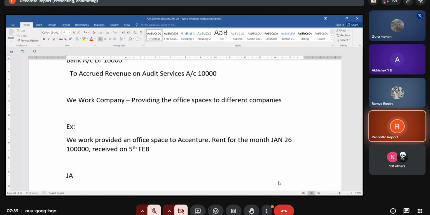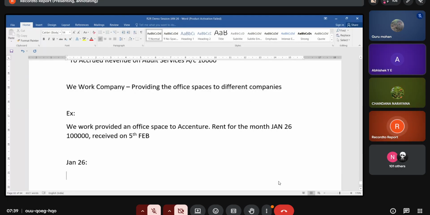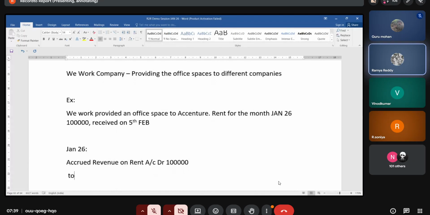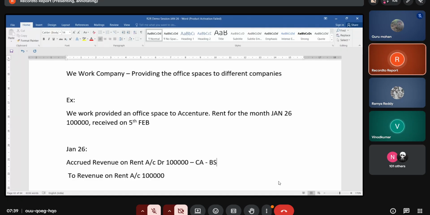So is WeWork receiving the money in the same month? No. So in the books of WeWork, what entry do we need to record? Accrued revenue and revenue on rent. So this accrued revenue, where will it show, guys? Current assets, balance sheet.